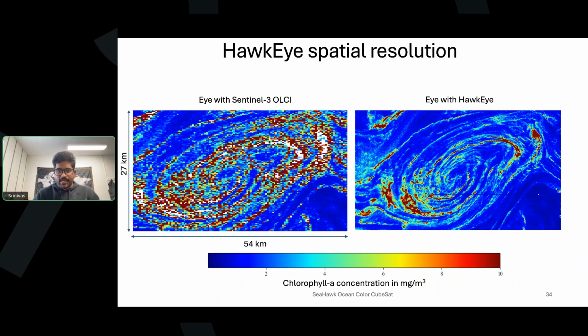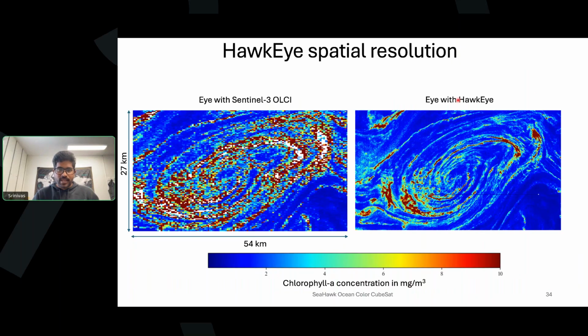So we got into the idea of whether we can improve the resolution of Sentinel-3 OLCI to Hawkeye resolution, because Sentinel-3 OLCI is an ocean color sensor. The OLCI sensor on the Sentinel-3 satellite provides ocean color imagery every 1 to 2 days around the globe, whereas Hawkeye is a targeted sensor which provided data in select locations, collecting 18 scenes per day with a limited footprint.